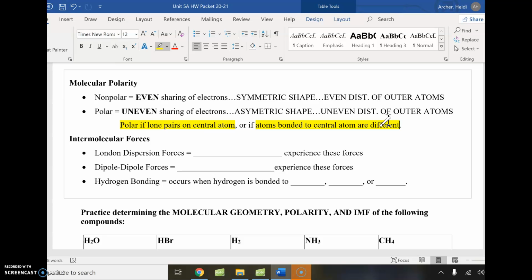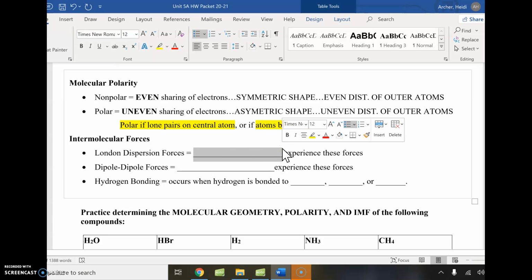So the next thing that we can determine from here is which forces are at play in the molecule. So the first type of forces that we can experience are called London dispersion forces. And London dispersion forces are experienced by all molecules.